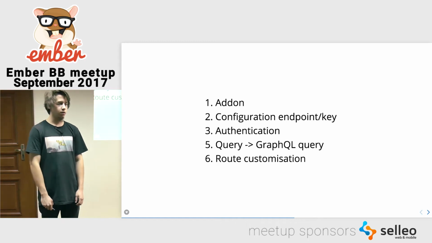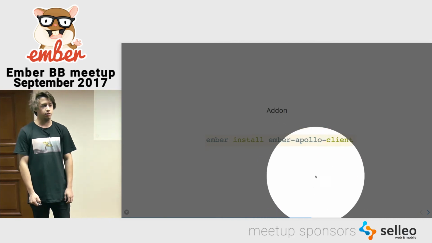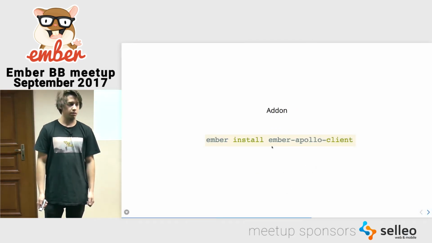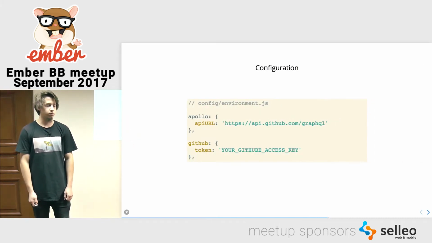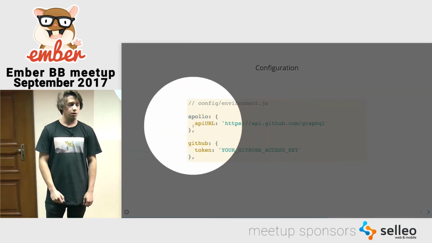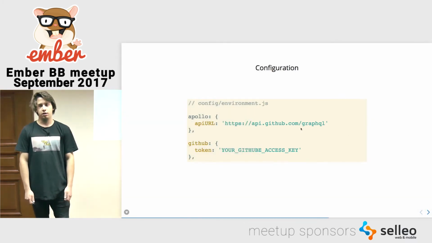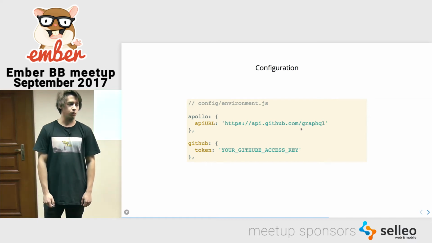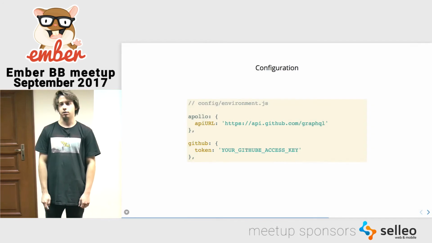So let's begin. To install, we just need to run ember install ember-apollo-client. So like any other add-on, it's really easy. Then we need to do some configuration. In the basic setup of the add-on, we need just this one line for Apollo. We need to define where the endpoint is that we want to consume. And I added GitHub also, because I was consuming the GitHub API in this example.